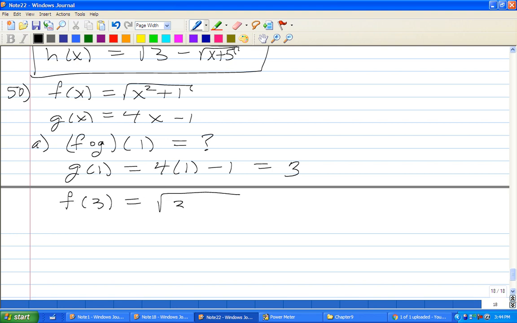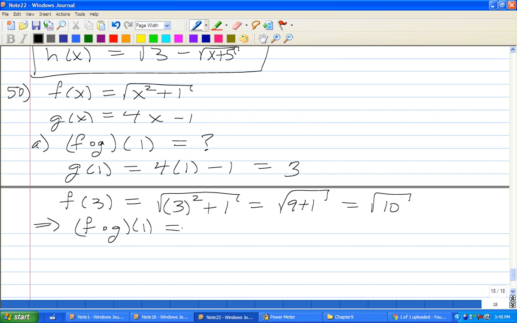I'll replace every x in the formula for f by 3. 3 squared is 9, plus 1 is 10. Therefore, f composed with g at 1 is just f evaluated at g of 1. But we found that g of 1 was 3, and f of 3 was radical 10. And so your answer is radical 10.